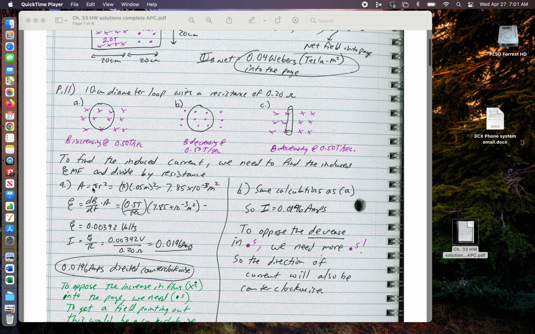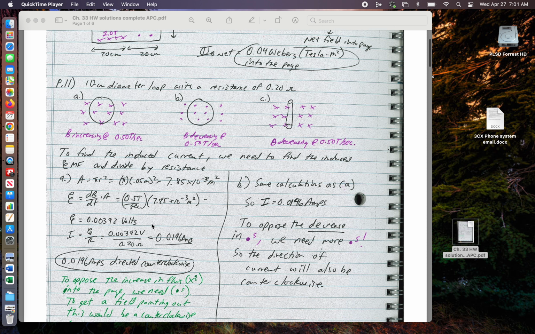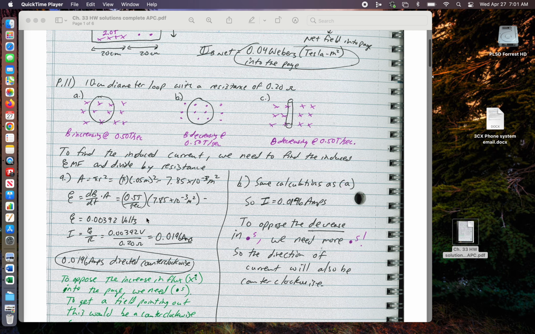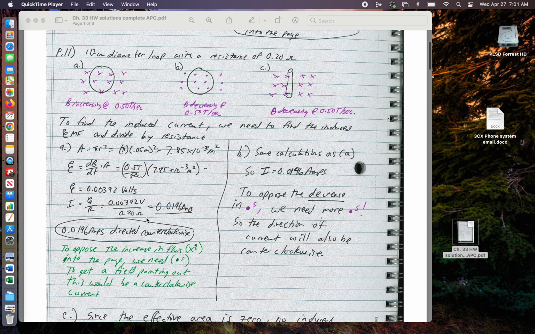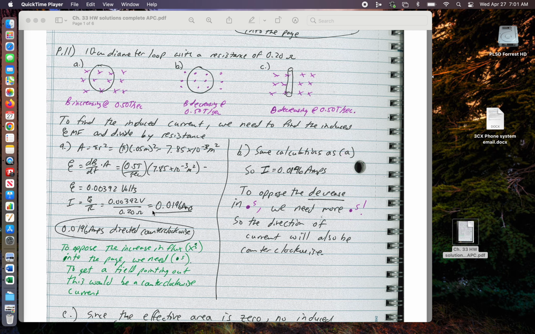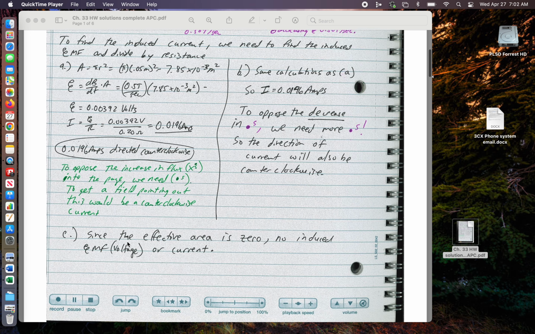To find the rate of change of flux, I find the area, multiply it by the change in field strength, and that equals the change in flux per unit time, which is going to be equal to voltage. So for both A and B, we have an EMF of 0.00392 volts, so that gets us 0.0196 amps, and in both cases this would be directed counterclockwise. The key is opposing a change. And again, C was 0.